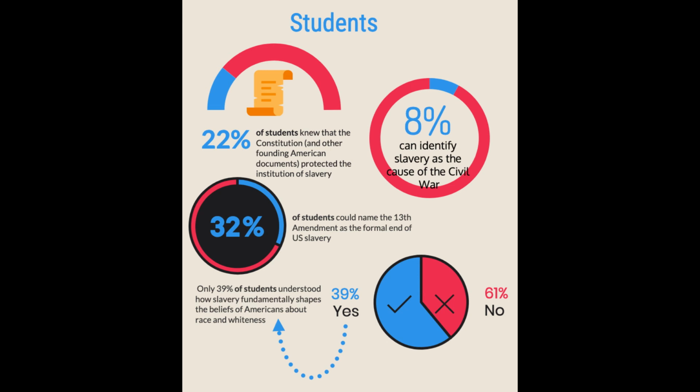In fact, the history that they've learned has become so whitewashed and warped, only 8% of the students surveyed could even identify slavery as the cause of the Civil War. Not many more knew how slavery was protected by the nation's founding documents like the Constitution. And only 39% of students understood how slavery fundamentally shapes the beliefs of Americans about race and whiteness.